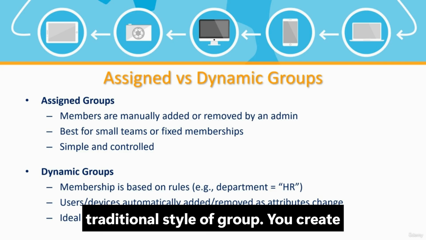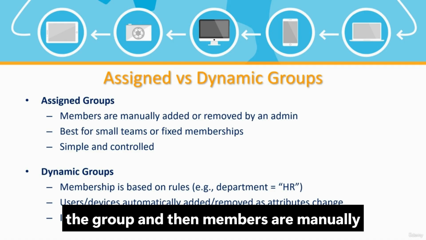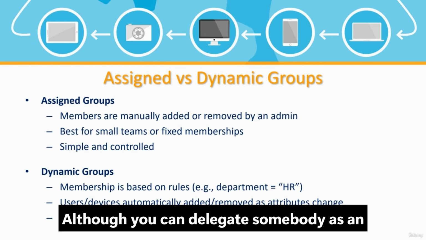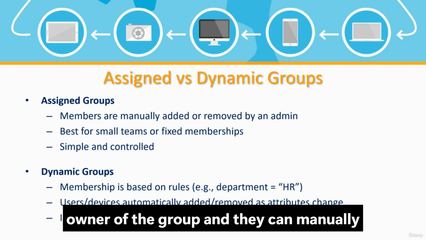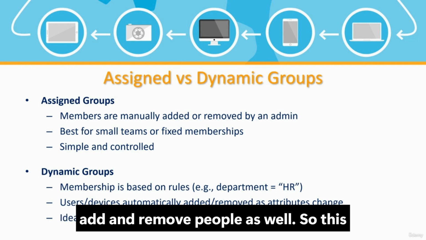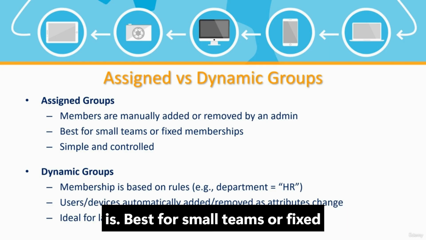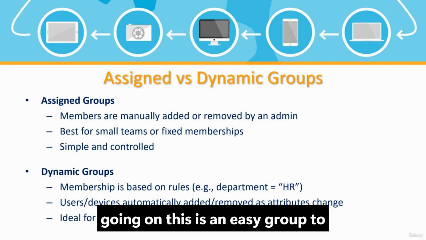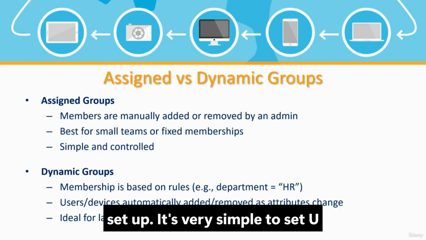You create the group and then members are manually added or removed by an admin. Although you can delegate somebody as an owner of the group and they can manually add and remove people as well. So this is best for small teams or fixed membership. If you don't have a lot going on, this is an easy group to set up. It's very simple to set up and control, nothing too complex.